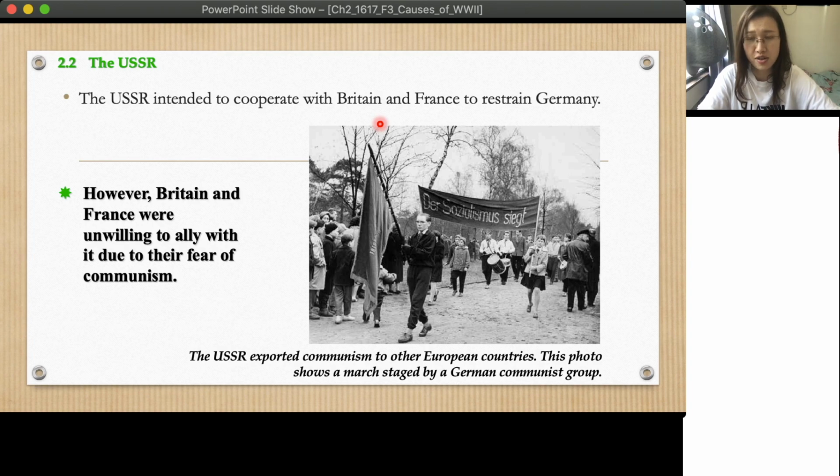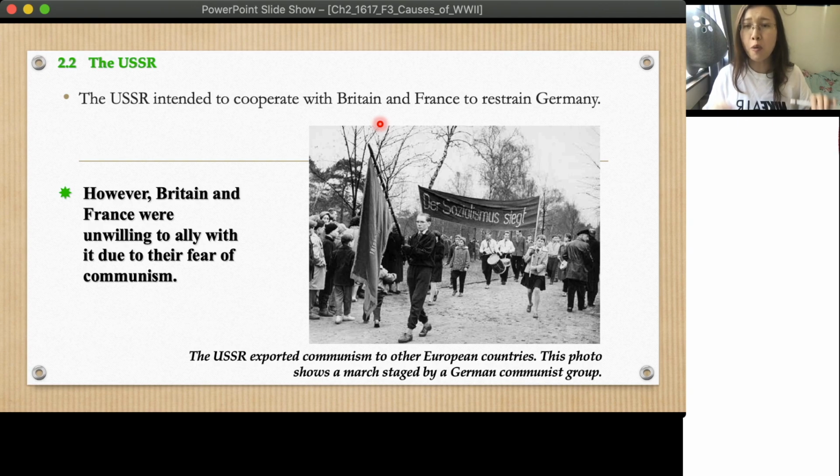feared communism. So actually, for Britain and France, another part of the reason why they adopted the appeasement policy towards Germany is that they tried to use Germany as a buffer zone against the expansion of communism from the USSR.